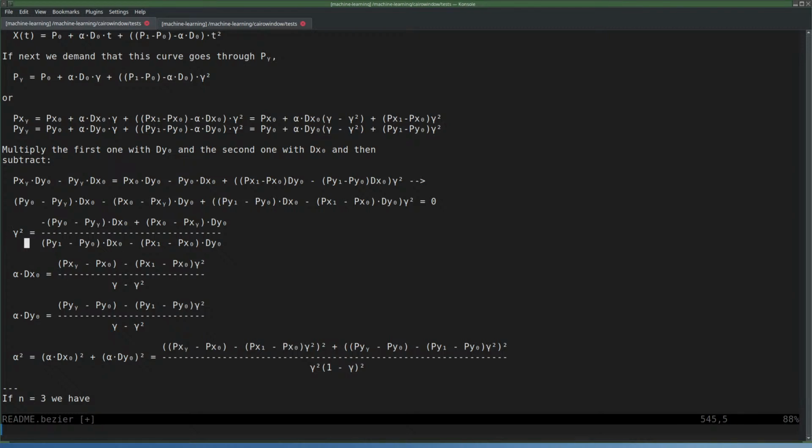Means that the 0 comes up front, so I want to do that here as well. And then here also just put the P0 up front everywhere.